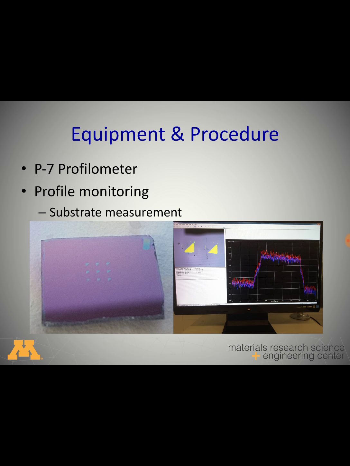Once he does that, we can see this tiny little row of little dots on the left here on this wafer chip, this wafer substrate. Then we can use the P7 profilometer and the P6 profilometer in the laboratory to measure these little dots. And as you can see here, when we zoom in, these aren't actually little dots, but triangles.